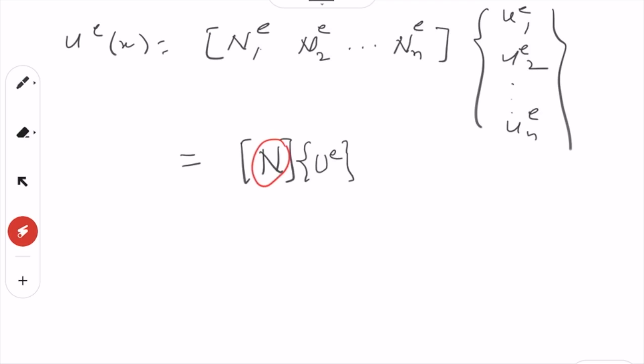And u^e has the local nodal displacements.